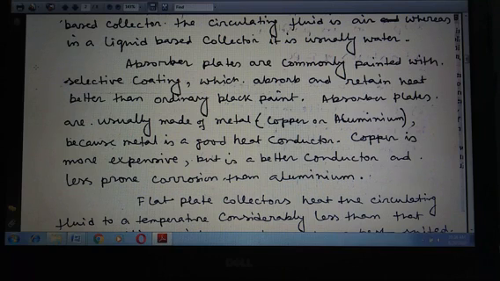Now the absorber plates are usually made of metal, that is copper or aluminium, because metal is a good heat conducting medium. Copper is more expensive, but it is a better conductor than aluminium.